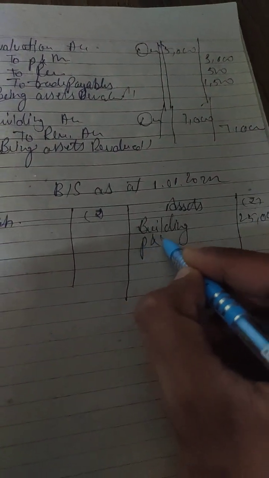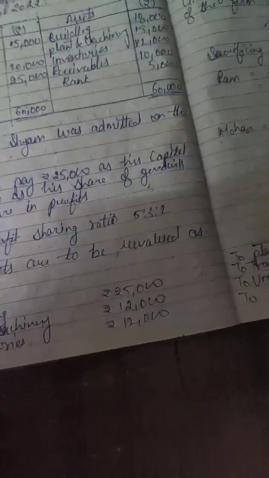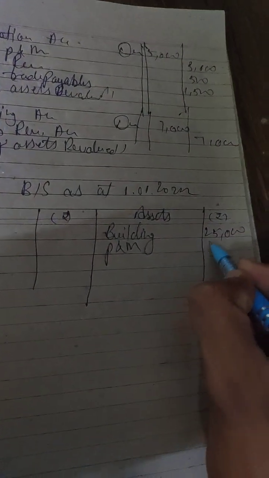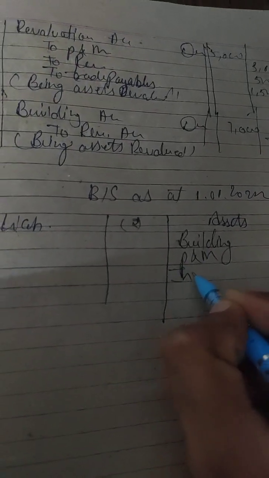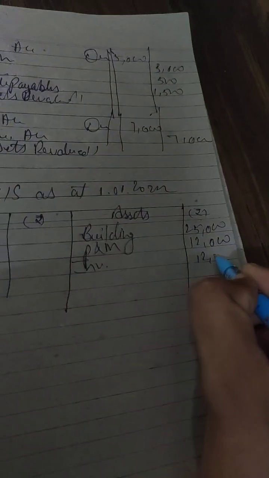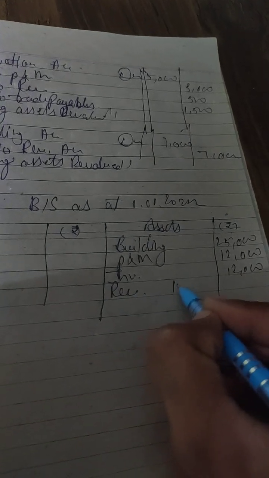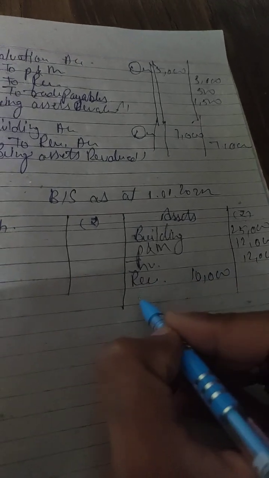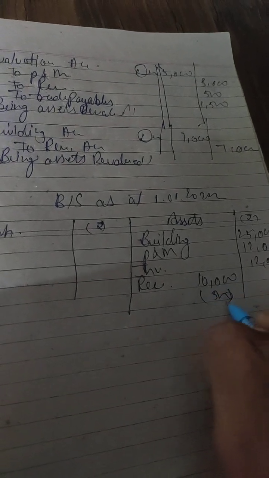And that plant and machinery, the revalued figure was how much? I guess 12,000. So 12,000 is the figure of P&M, and we are having inventories also of 12,000, and we are having receivables, but of these receivables 500 is bad debt, so we can create provision for bad debt.